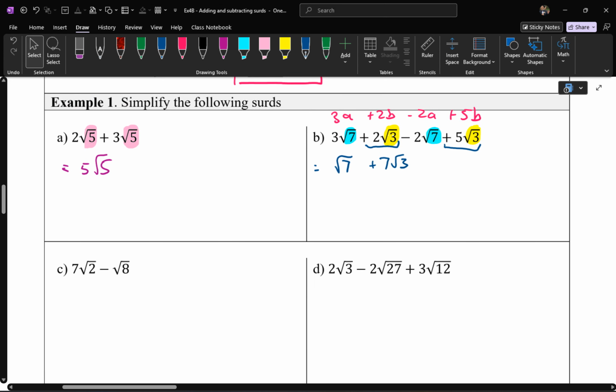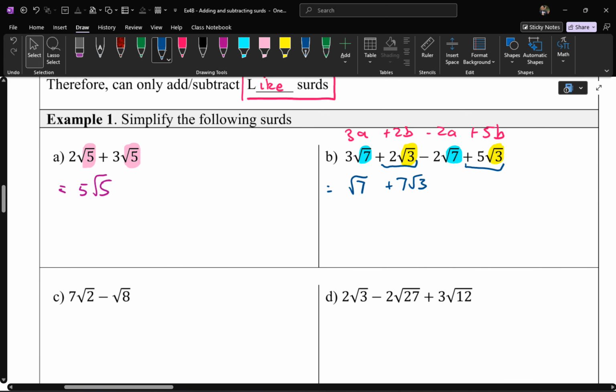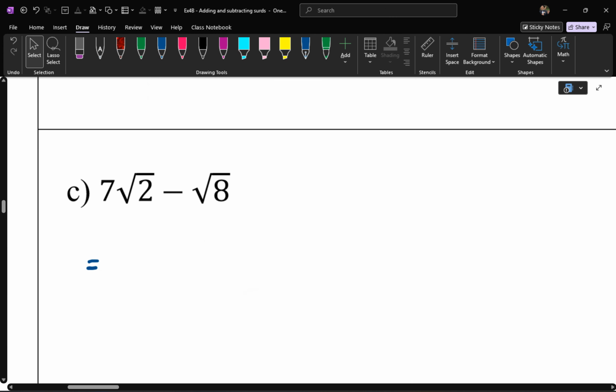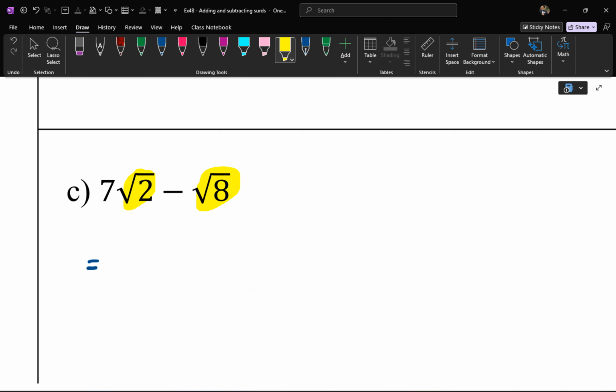All right. Now, let's have a look at C. C now combines a bit of 4A. Can you see if you look at C, 7 root 2 minus root 8, are these 2 like surds? No, at the moment they're not. But root 8 you can simplify. If you simplify root 8, what 2 numbers, where one of them is a square number? 4 and 2.